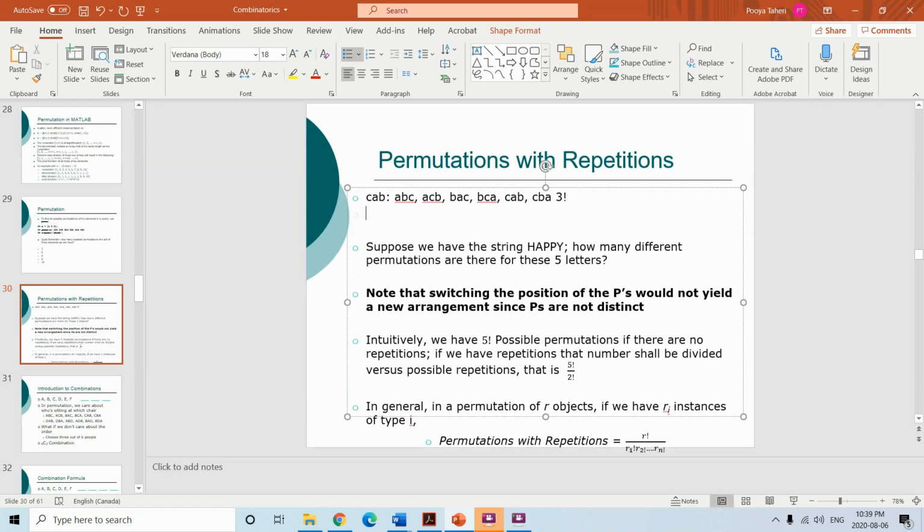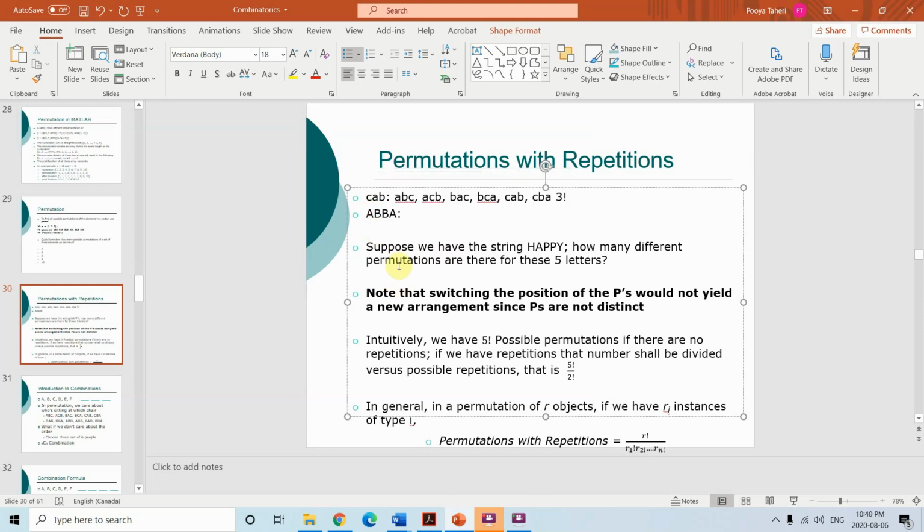What if I give you this one? Let me say ABBA. I was born in 80, so ABBA. Let's see how many permutations of characters in the word ABBA we can have. Here we have repetition. We have 2 A's and 2 B's.